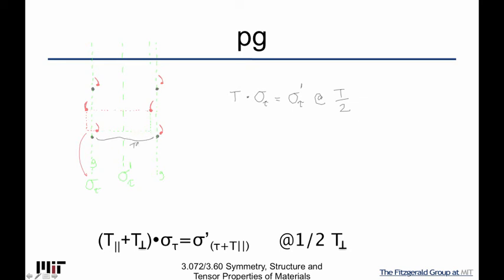So in our old language, remember t here is t perpendicular, right? Because t is perpendicular to these planes. So I had this original sigma tau, and I had a t perpendicular to it.